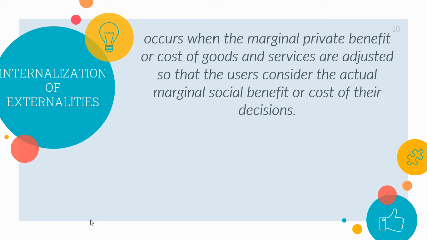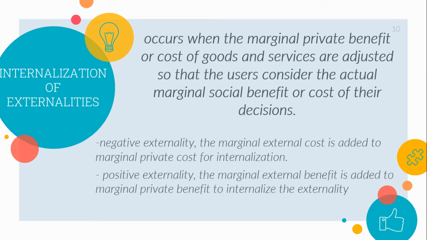For a positive externality naman, the marginal external benefit is added to marginal private benefit to internalize the externality. So internalizing an externality results in changes in prices to reflect full marginal social cost or benefit of a good.